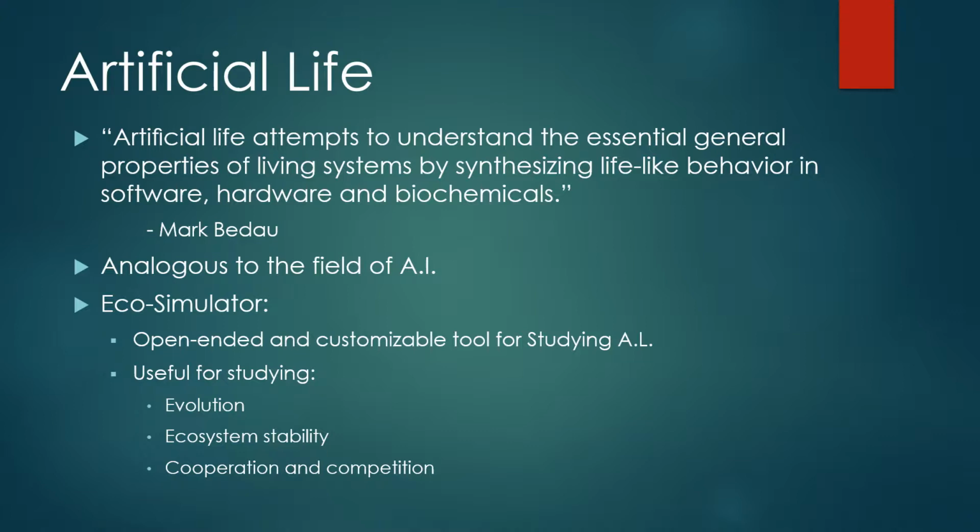In particular, I think it would be useful for studying different aspects of evolution, how creatures evolve in a complex system. It could also be useful for studying how stable a system is. Is it about to collapse? What factors influence that stability or instability? And finally, I think it could be really interesting to look at if cooperative or competitive behaviors could come out of a system like this.